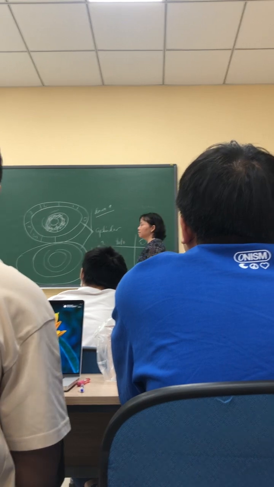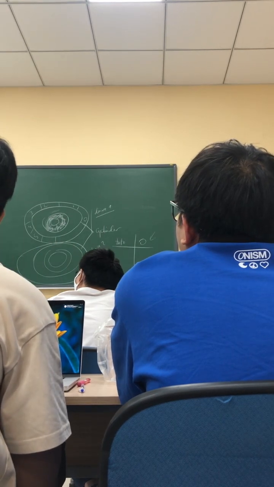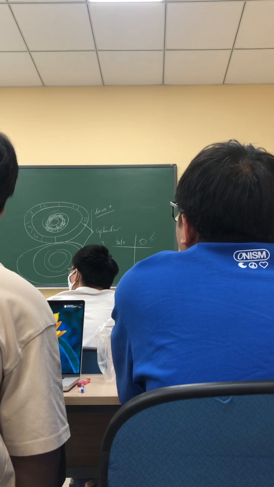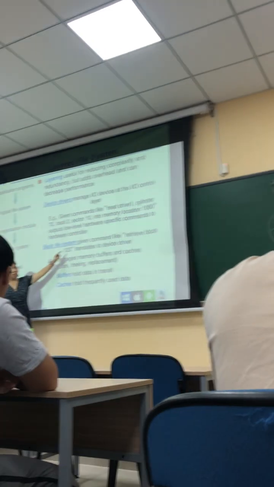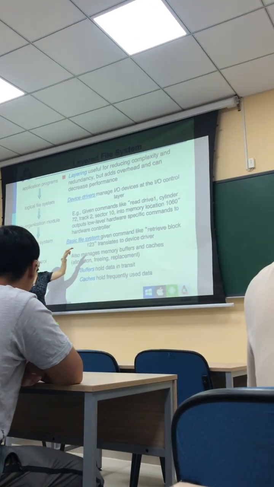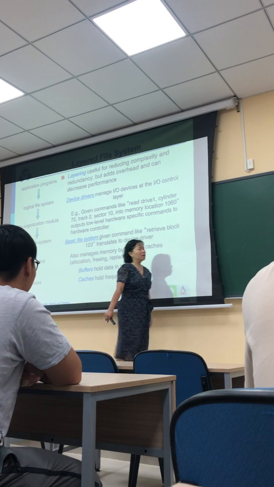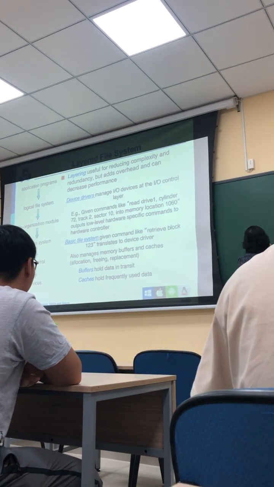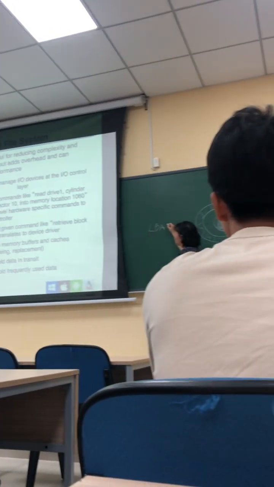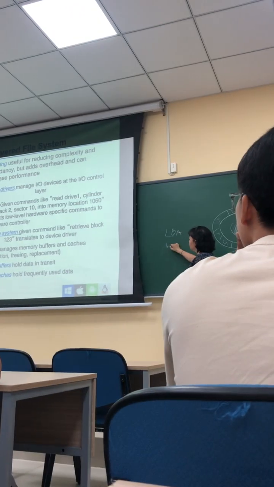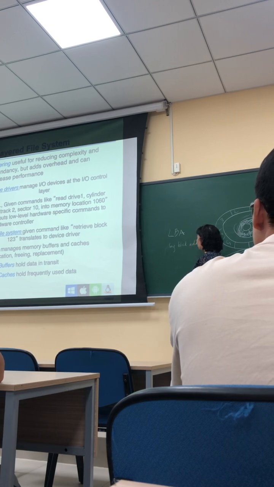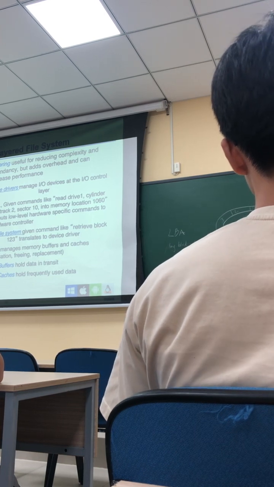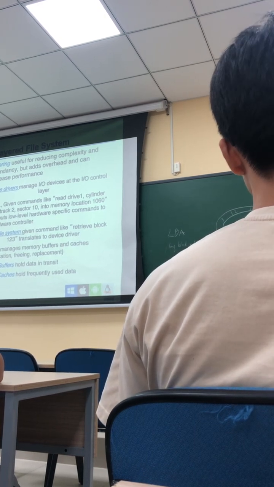After that, we have the basic file system. In the basic file system, you see this one, which is considered as the LBA, logical block address. This means that now we have many drives, so we number from 0.